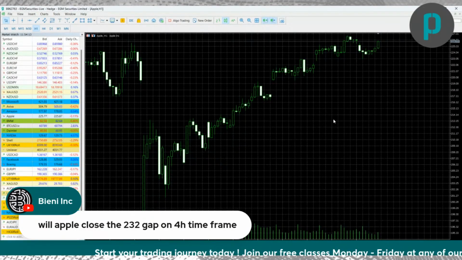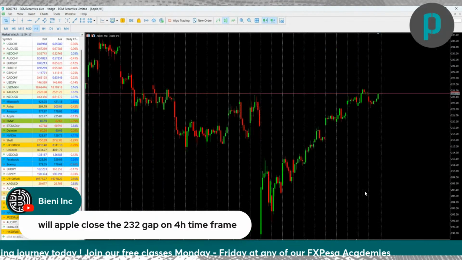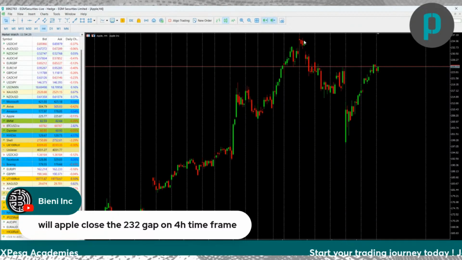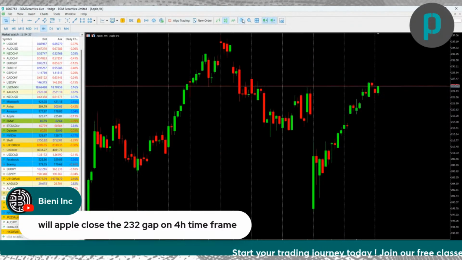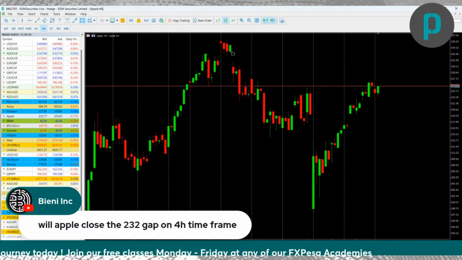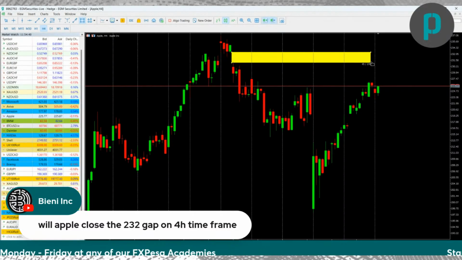The 232 gap, huh? Let's go to this template. The 232 on H4. This gap over here. Awesome. Seems like this is what he is saying. This is the gap I'm sure you're talking about, right?